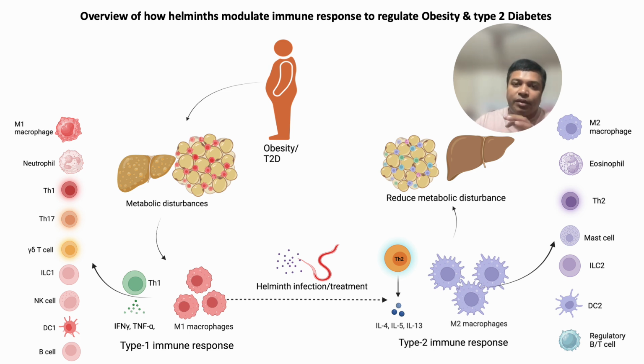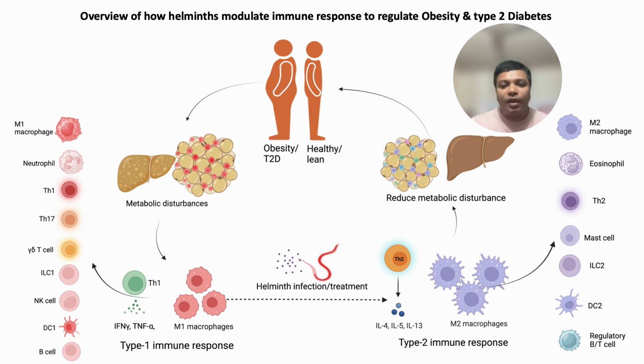Here you can see the fat cells or adipose tissue became normal, reduced in size, and there are different types of colorful immune cells that is pretty normal for healthy adipose tissue. And in the liver you can see reduced or almost no deposition of fat. So this is how helminths resolve inflammatory conditions as well as metabolic disturbances to restore healthy lean adipose tissue.